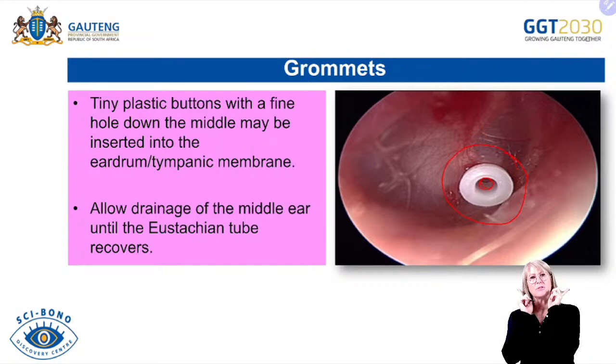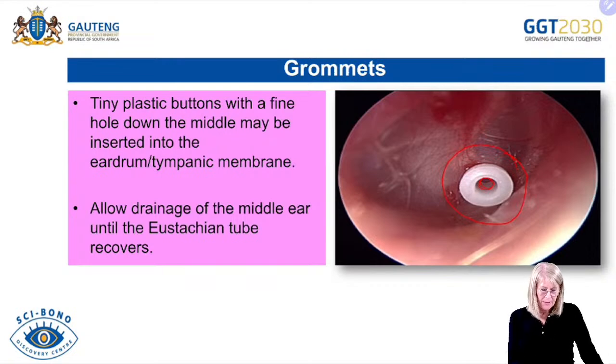So it can drain from the inside, from your middle ear, from the inside of your tympanic membrane into your auditory canal. It allows your eustachian tube to recover, for the infection to clear up. It also equalizes or relieves the pressure buildup.